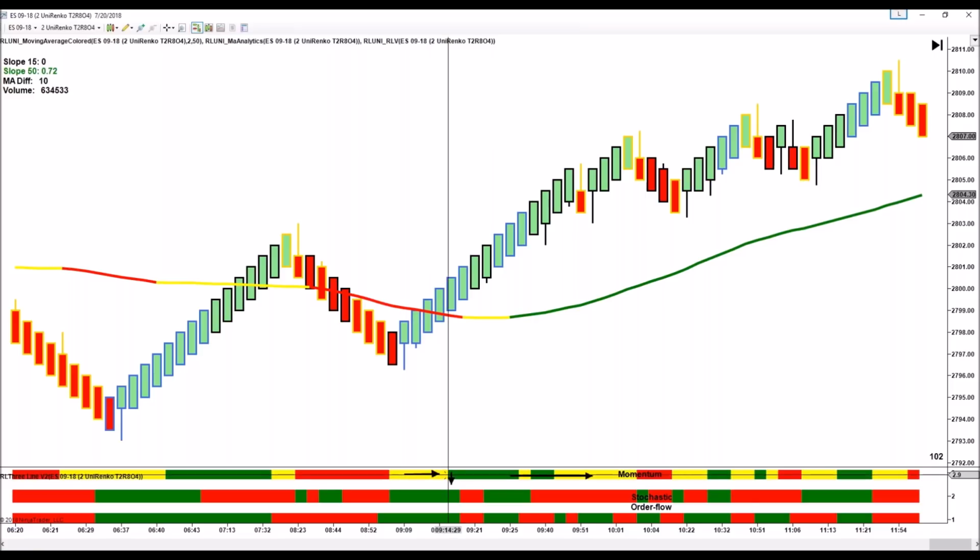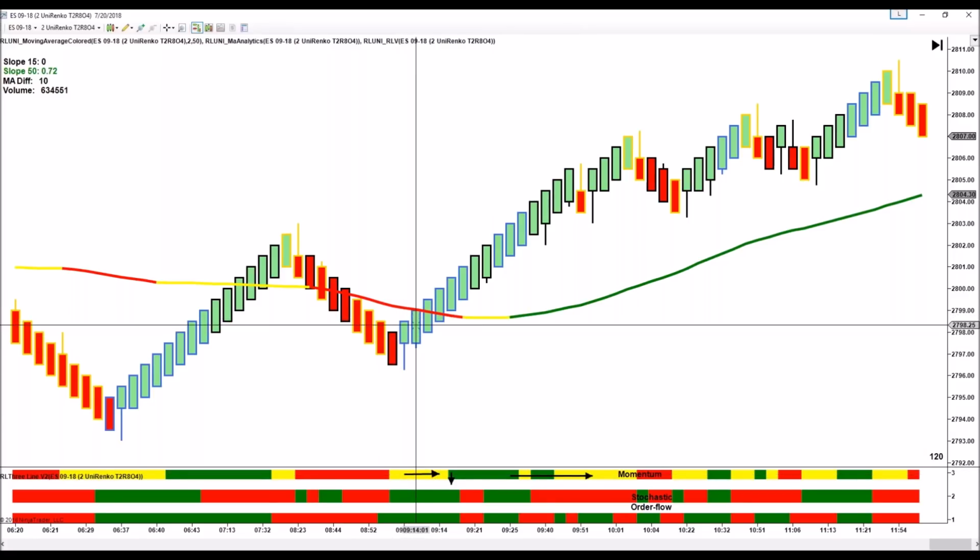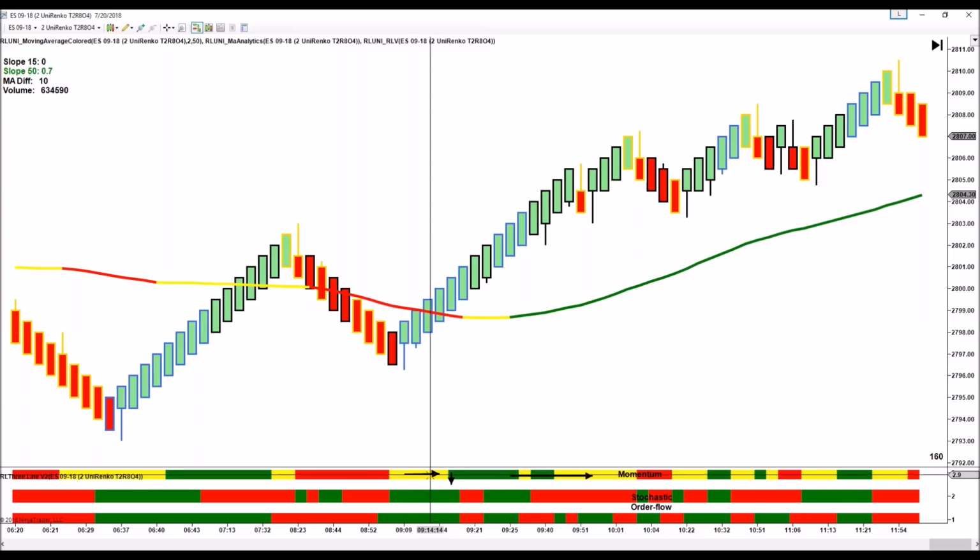So if you want to be able to tell when the slope of the MACD line is positive, you just look at the candle wicks. And even if this is yellow, you know that the slope is positive. When the MACD line crosses the signal line, then the actual line turns green.